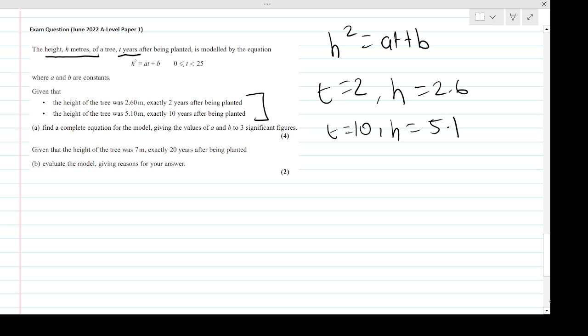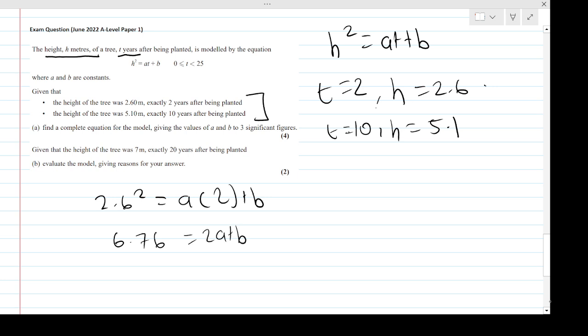Well, I can then substitute these values into the equation and see what I get. If I substitute the first bit of information with t is 2, then 2.6 squared for h squared is a lots of 2, add b. Put 2.6 squared in the calculator, that is 6.76, equals 2a add b.